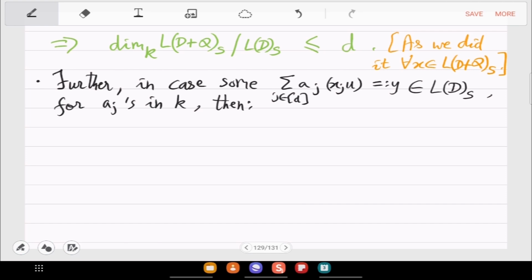We want to show a contradiction, right? If a combination of the x_j u's maps to 0 mod L D S, it should be a contradiction. So what is the contradiction?